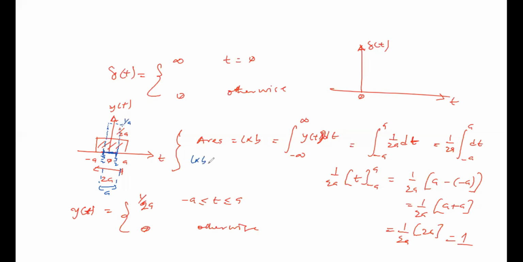So recall length times breadth will be a times 1 over a, so that will give us unity.